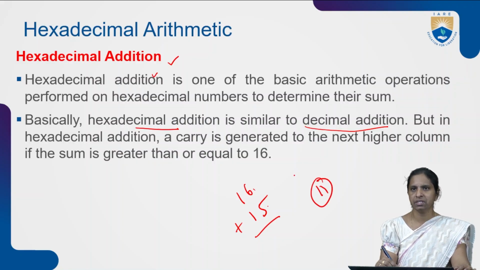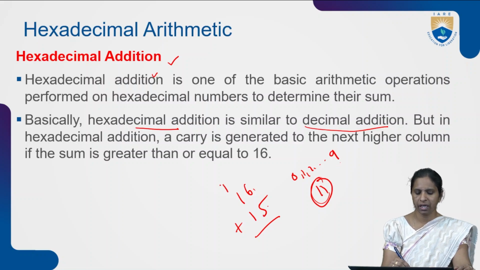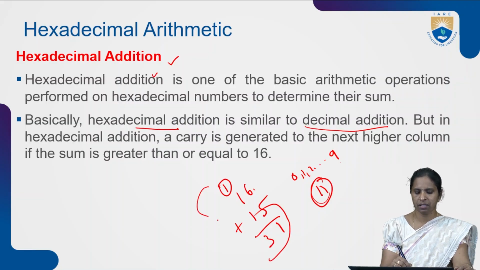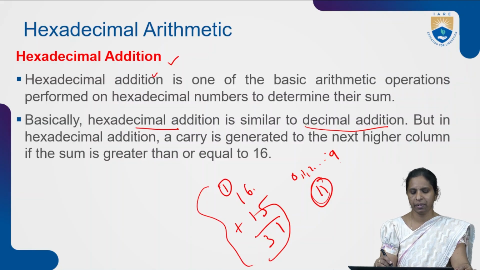In the decimal number system, what digits are we going to use? 0, 1, 2, 3 and so on up to 9. So if you get more than 9, that can be taken as what? Carry here. Then you are getting 11 here and 31. So this is how to perform the addition in the decimal number system.